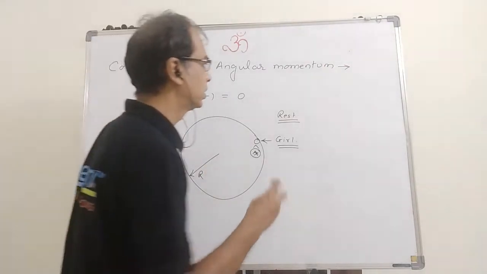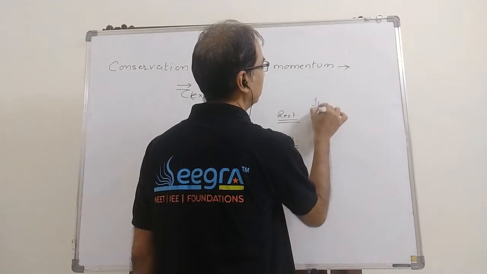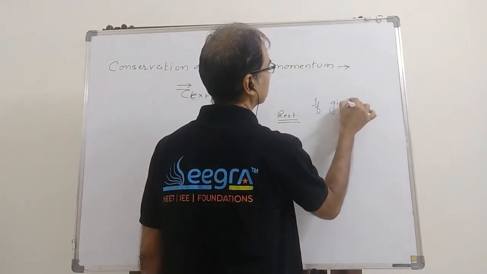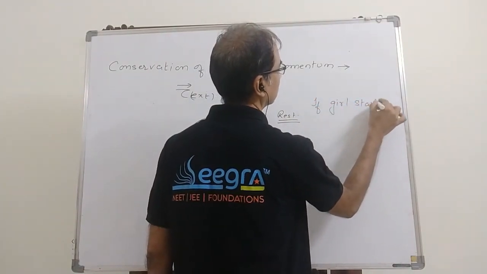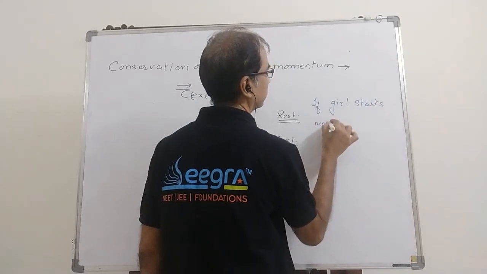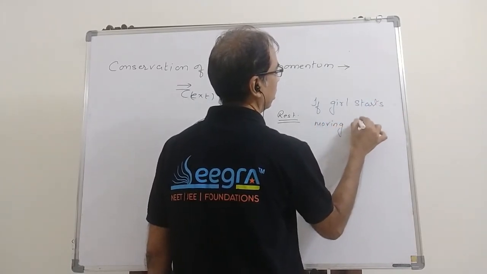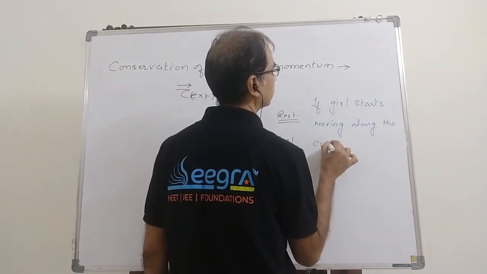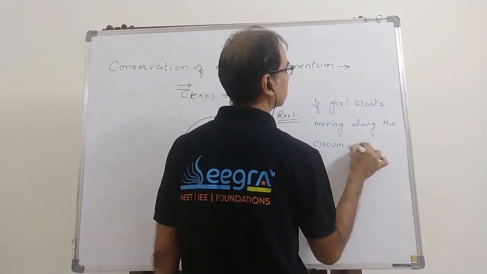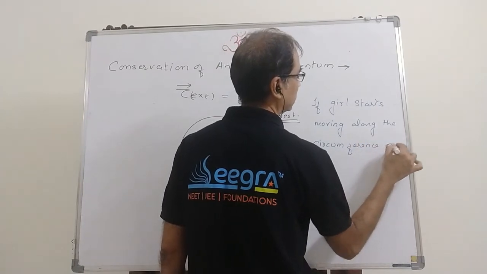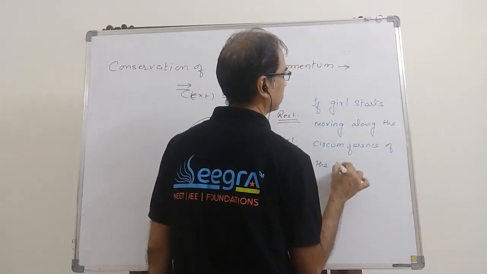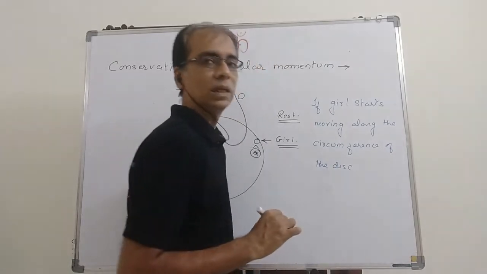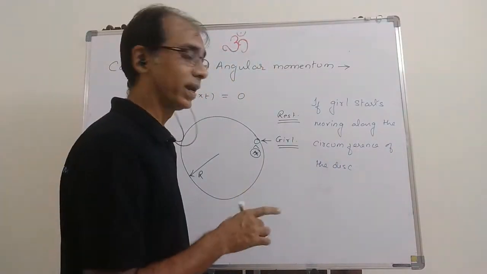What is the question? If the girl starts moving along the circumference of the disk, where will she be back?